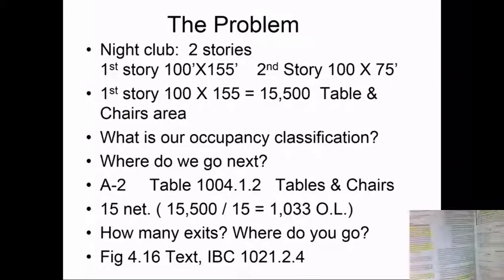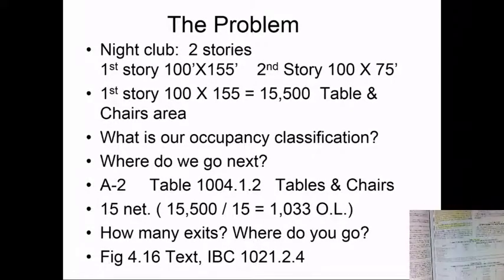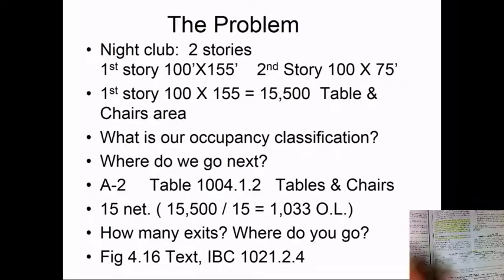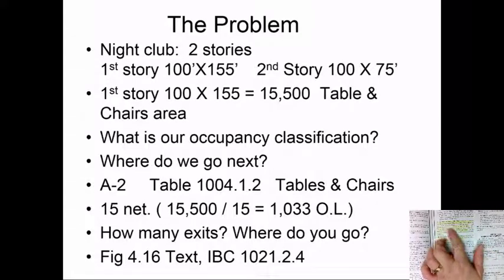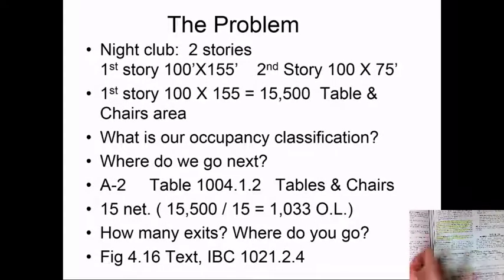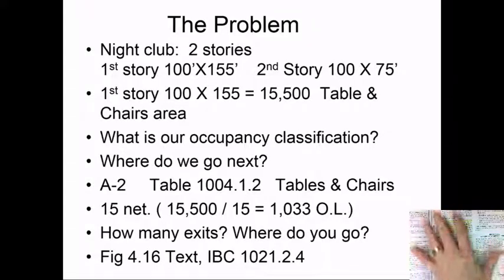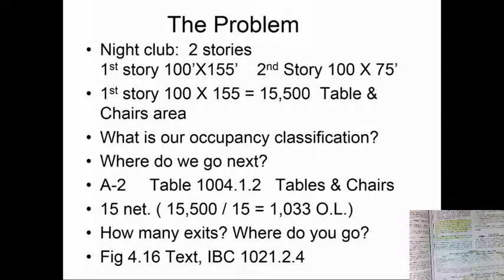And then if there are 3 or more exits, if you read through here, 3 exits or exit access stairways or ramps providing access to exits shall be provided for 501 to 1,000, and 4 exits or exit access stairways or ramps providing access to exits for anything more than 1,000. So it's giving you that information, but you have to read through all of this to be able to understand it.